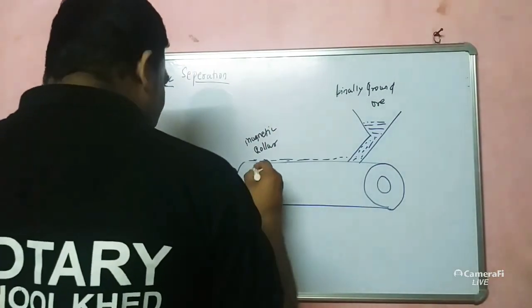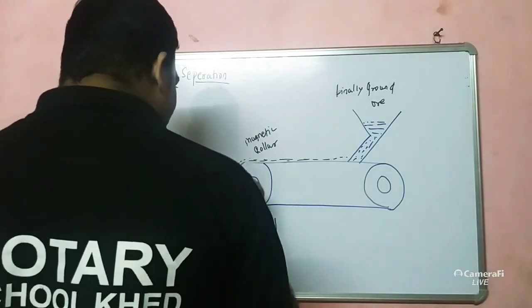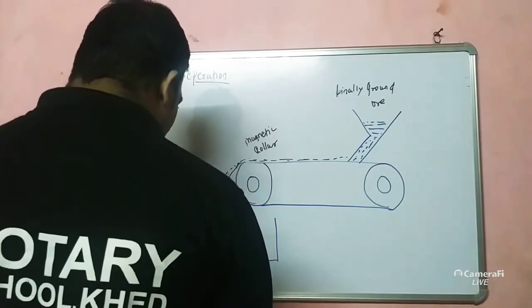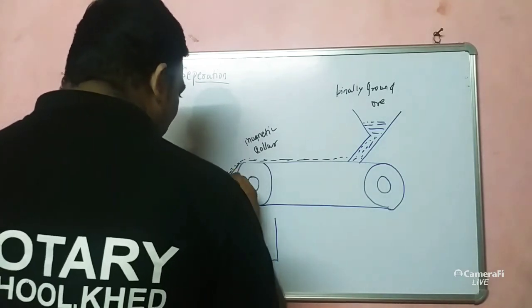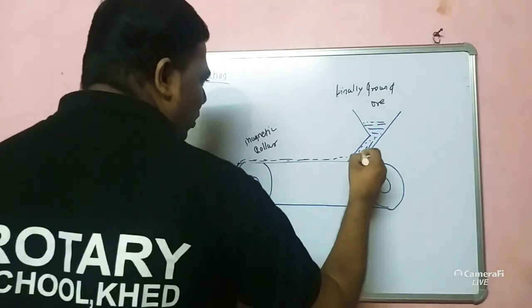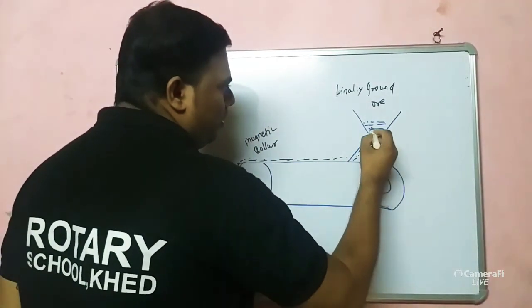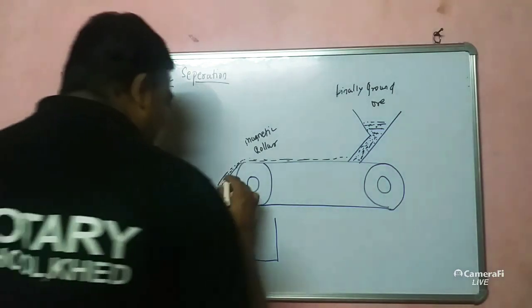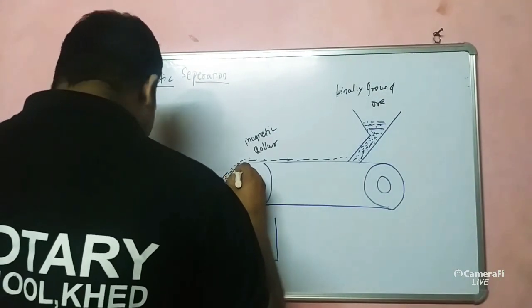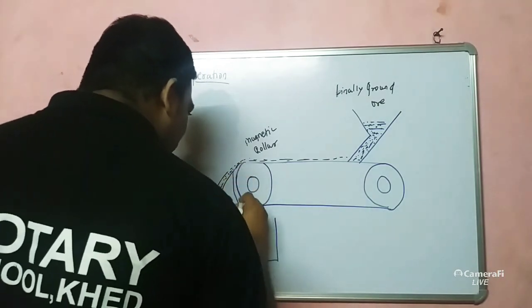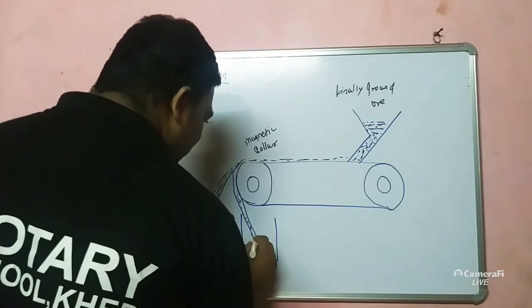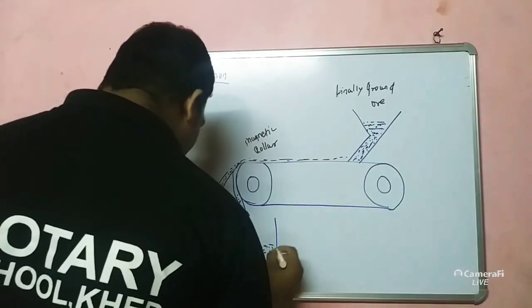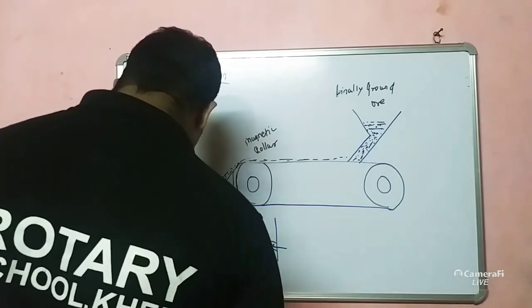In this way, magnetic and non-magnetic particles are collected separately. Suppose the mixture has two kinds, and the magnetic particles we can show with the blue marker.